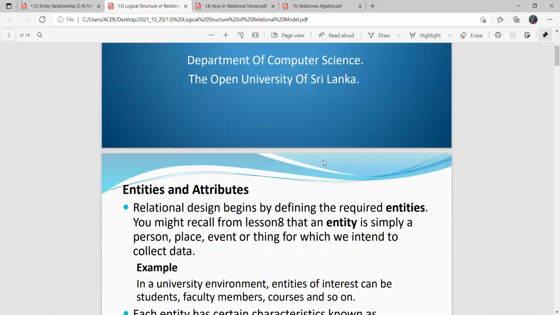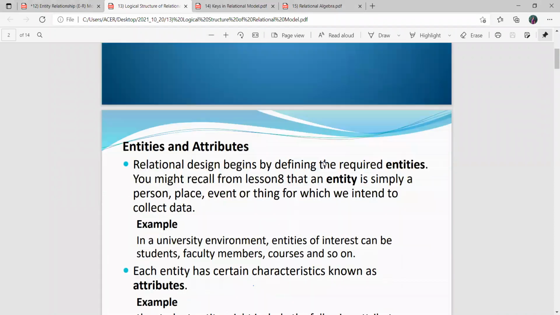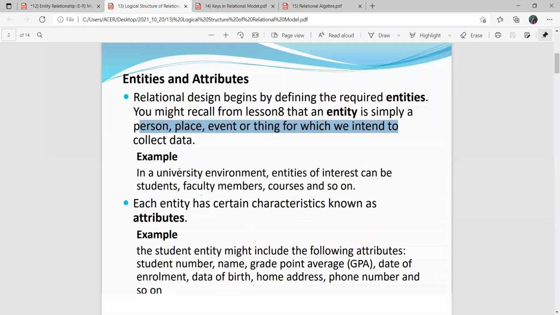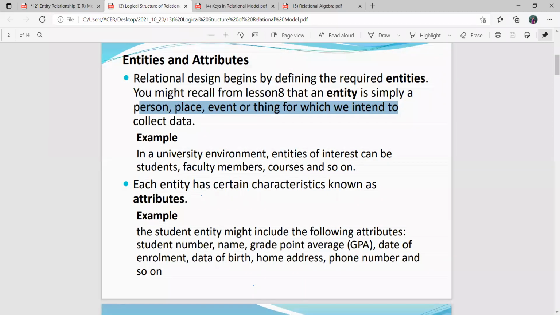Before that, a relational design begins by defining the required entities, and you might recall from the lesson that an entity is simply a person, place, event, or thing for which we intend to collect data. As an example, again an XYZ database, in this session number 9, a university database consists of faculty members, students, and courses.